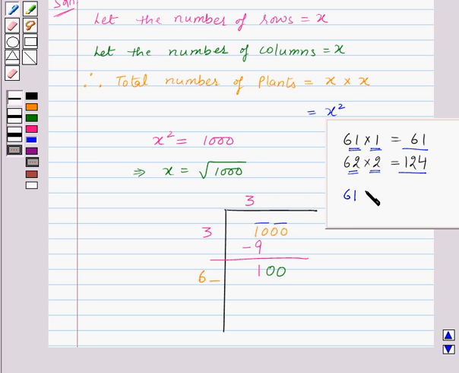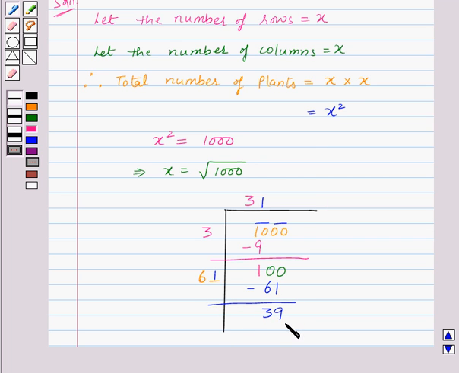And 61 is less than 100 and 100 is less than 124. So we will take the digit as 1. Let's write 1 over here and get the new divisor as 61. Also 1 is the new digit in the quotient. So 61 into 1 is equal to 61, and subtracting 61 from the dividend 100, we will get the remainder as 39.